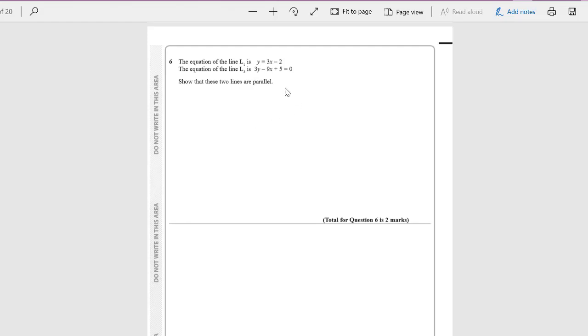Alright, so essentially when we see this type of question, what we want to show is that they have the same gradient, which will show that they're moving in the same direction. So L1 has an m, which is, remember, the letter that we use to represent gradient, equals 3, and then L2, so L2 is 3y minus 9x plus 5 equals 0. So let's rearrange this to make y the subject.